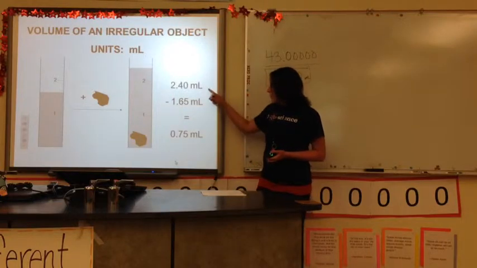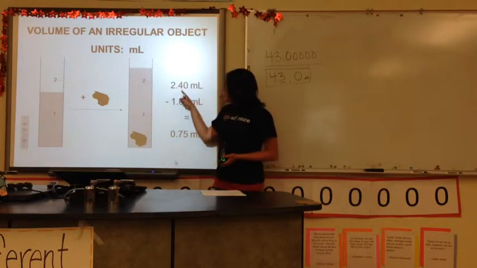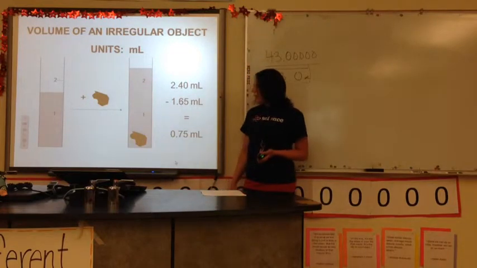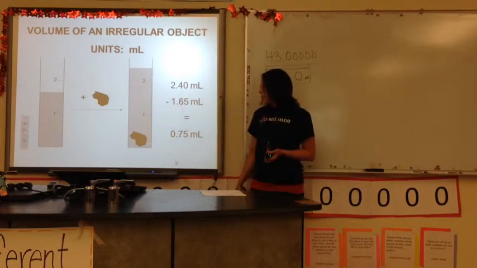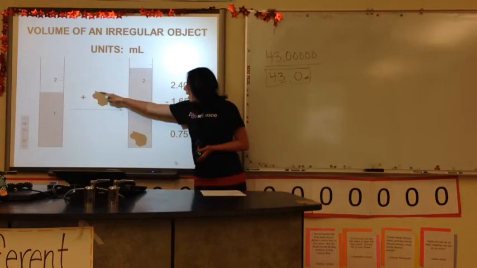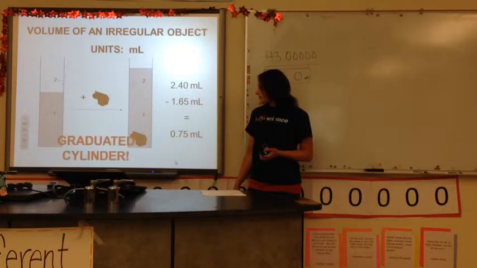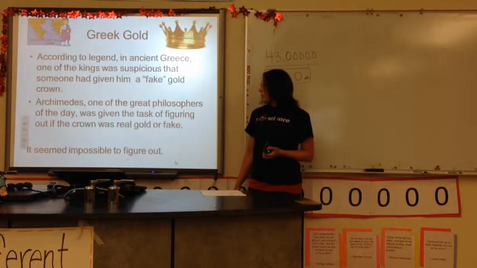Okay, so for example, this one, the water ended up at 2.40 milliliters. It started at 1.65 milliliters. Do a simple subtraction. We know that this little black rock is taking up 0.75 milliliters of space. And again, the tool for that technique, water displacement, is a graduated cylinder.